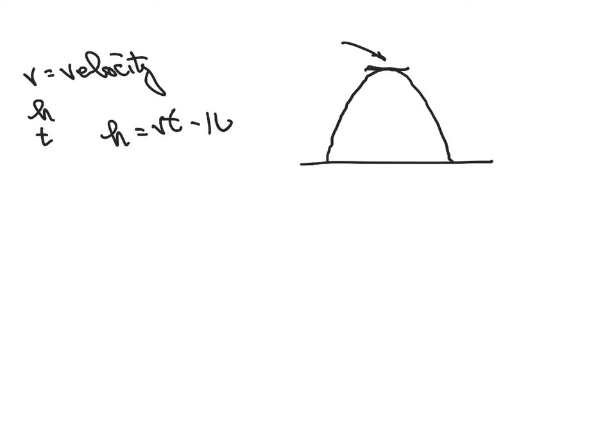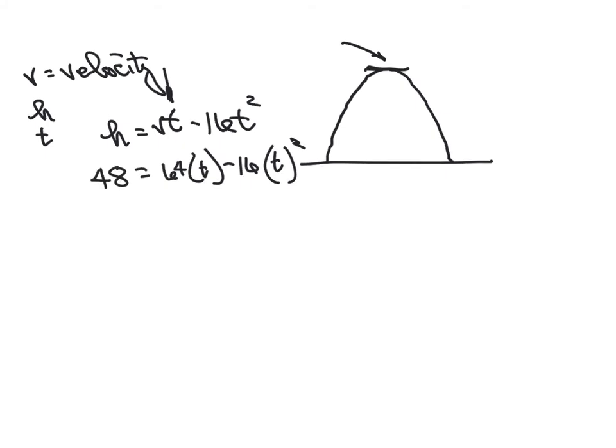You just have to write down the formula, and then they'll give you numbers. They want you to find t, so we're looking for that, if v is 64, and this is also going to be t, and h is 48.